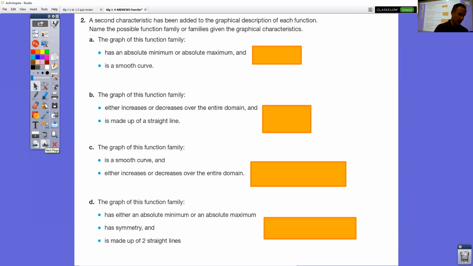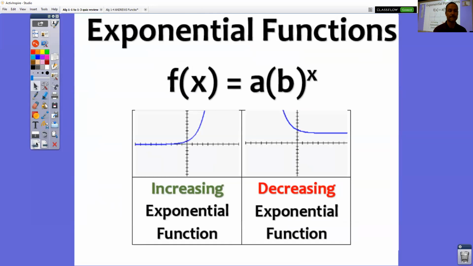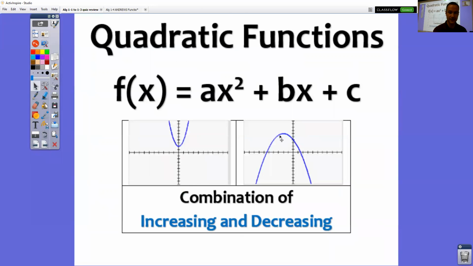So looking at these, we're trying to figure out exactly what function family it is. The graph of this function family has a min or max and is a smooth curve. So it has a max or a min and is a smooth curve. That would be the quadratic. If we take a look at quadratic, it has a max or a min and is a smooth curve. All right, that is a smooth curve.